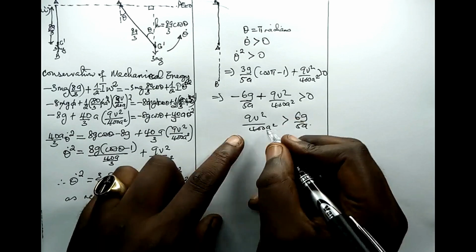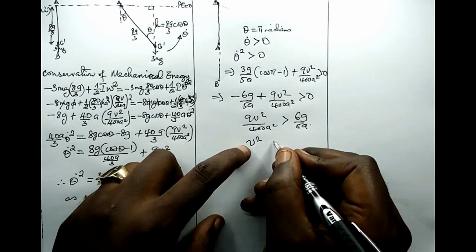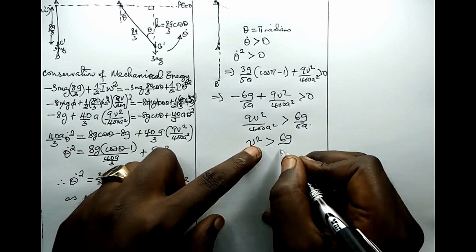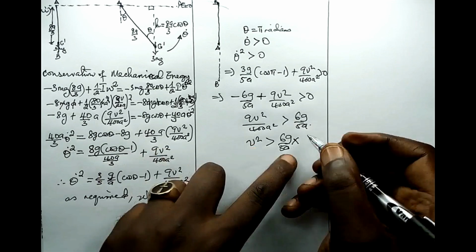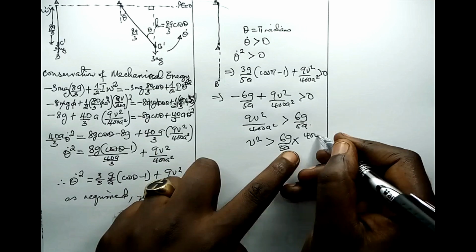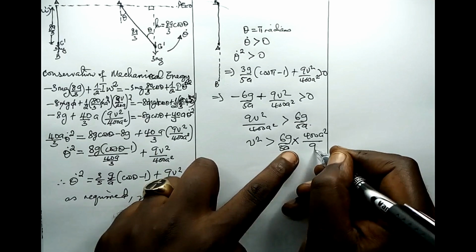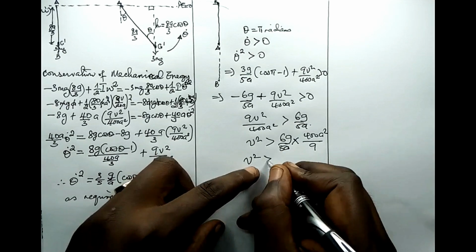We are looking for the set of values of v squared, so v squared should be greater than 6g all over 5a times 400a squared all over 9.